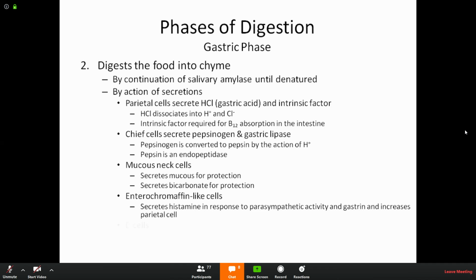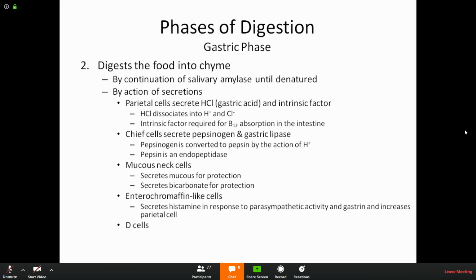And there are somatostatin cells, D cells. D cells help in inhibiting the secretion of gastric juice. They inhibit the enterochromaffin cells, the parietal cells, the pepsin cells, and the mucus cells.